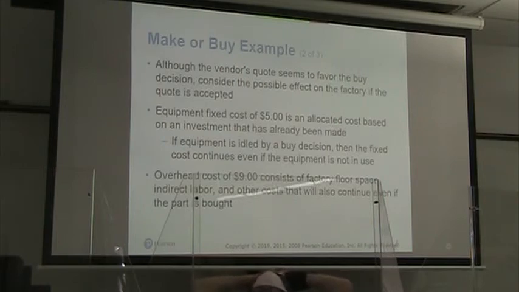Something that hasn't been initially considered in the make or buy decision is the overhead cost, which is $9.